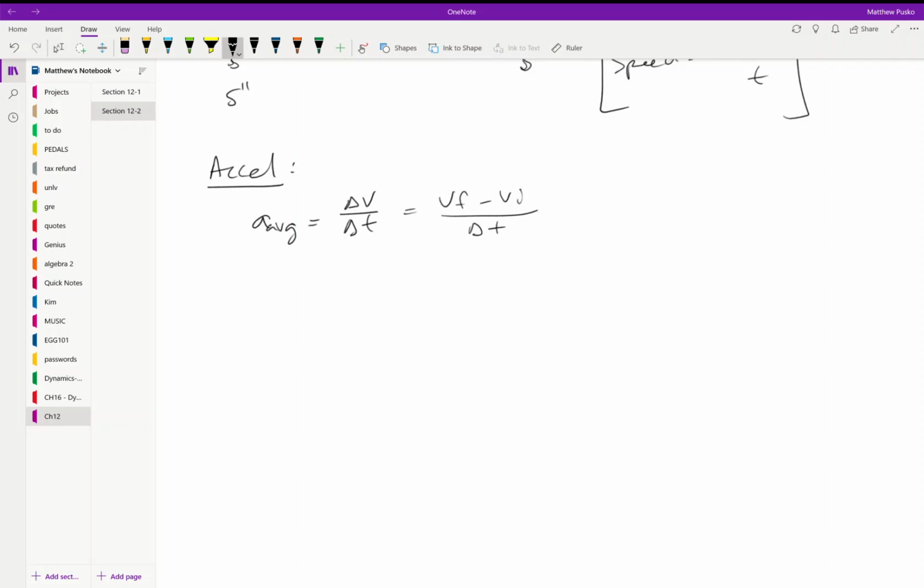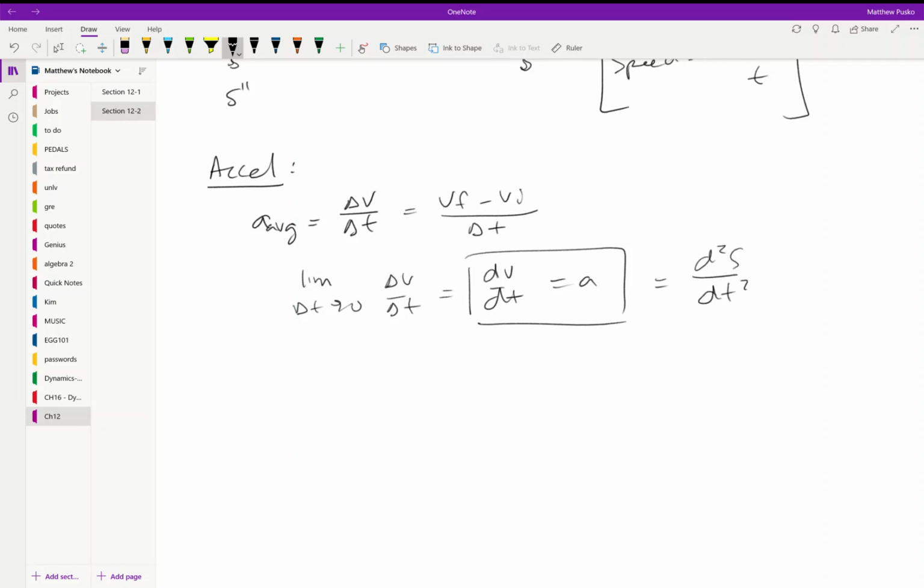Once again, we can take the limit as delta t approaches 0 of delta v over delta t, and we get our definition dv/dt, which is our acceleration, the derivative of velocity with respect to time. We can also say this is the second derivative of position with respect to time.